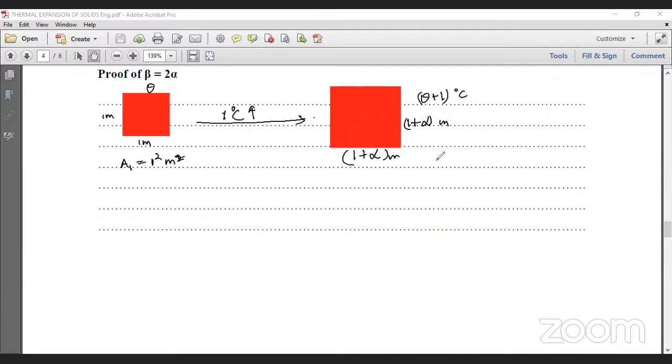So you can write this side length equals 1 plus alpha, and for this side also the length equals 1 plus alpha, in meters. So now the second area equals (1 plus alpha) squared.